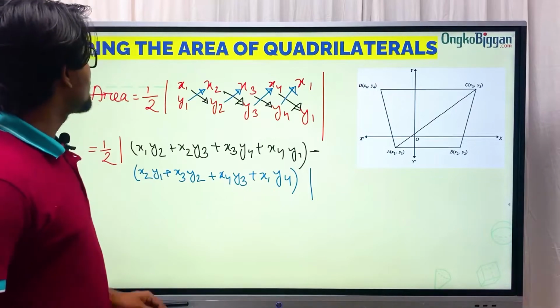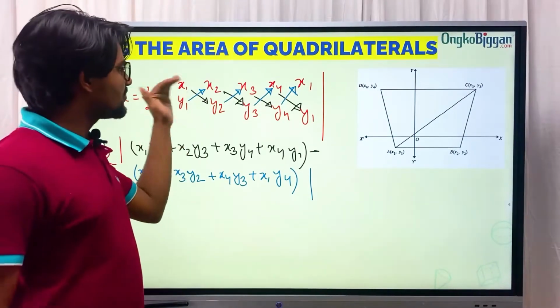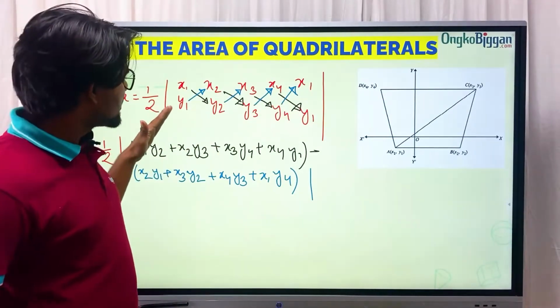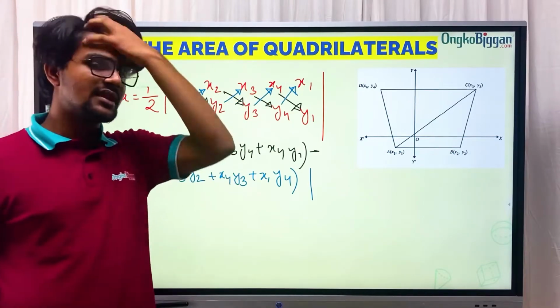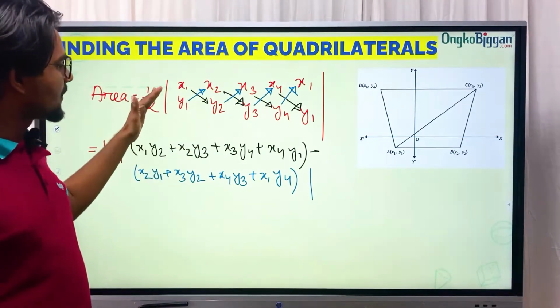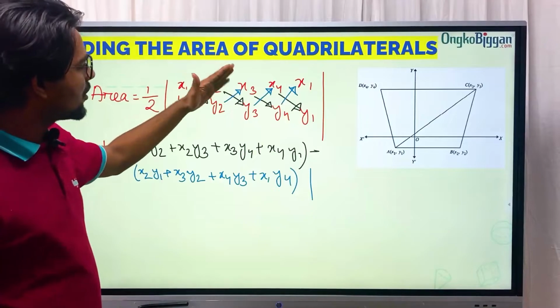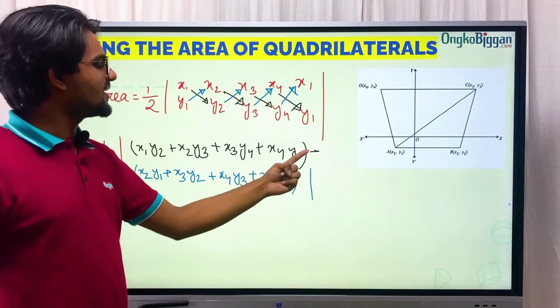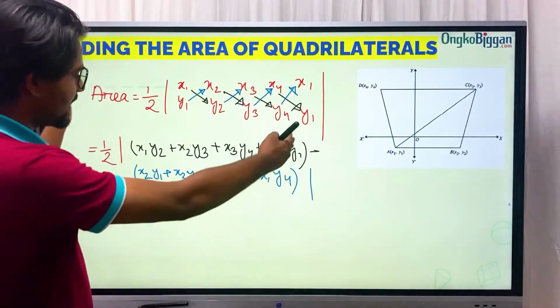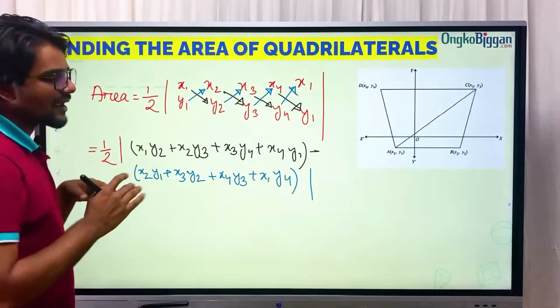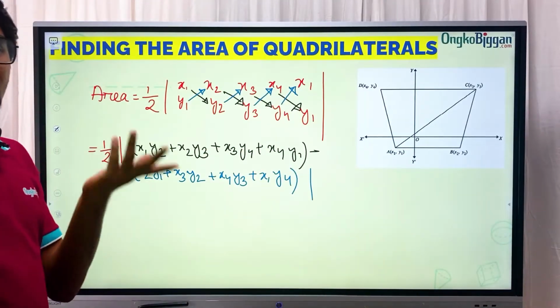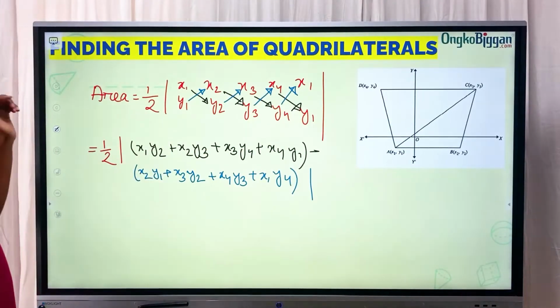After completing this direction, we complete this other diagonal direction. Before we complete it, we write a minus here, and then finally a modulus sign and a half, and we have gotten our area quite easily.